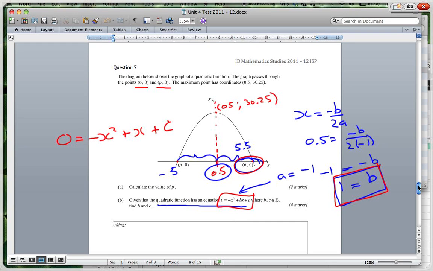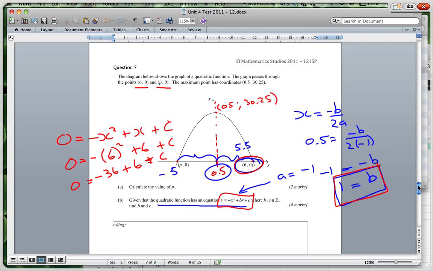And I put in my x is 6, so I'm going to get 0 is equal to minus 6 squared plus 6 plus c. 6 squared is 36, so it's minus 36 plus 6 is equal to plus c.